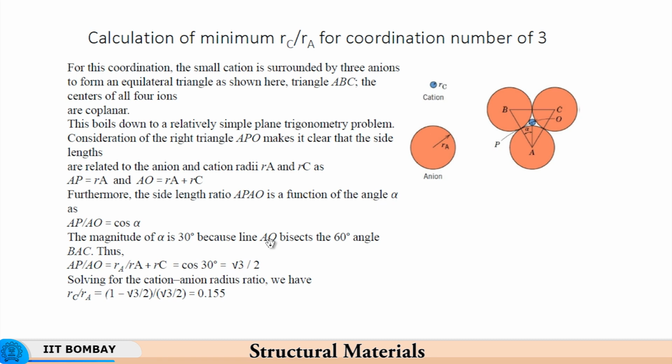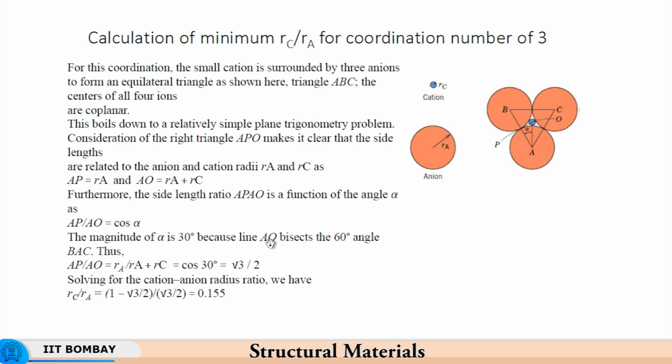So again, these are structural configurations which we have already discussed, and one can calculate the minimum RC by RA for a coordination number of 3. We know that coordination number refers to the number of nearest neighboring atoms. So you have a cation at the center, and the number of anions in contact with the cation gives you the coordination number. So a given RC by RA with a coordination number of 3 would result in this type of arrangement, basically an equilateral triangular structure.